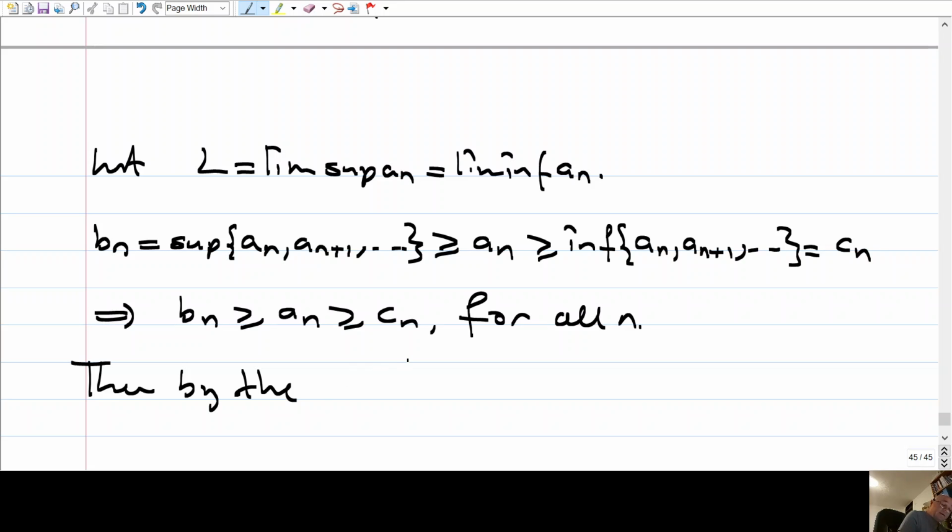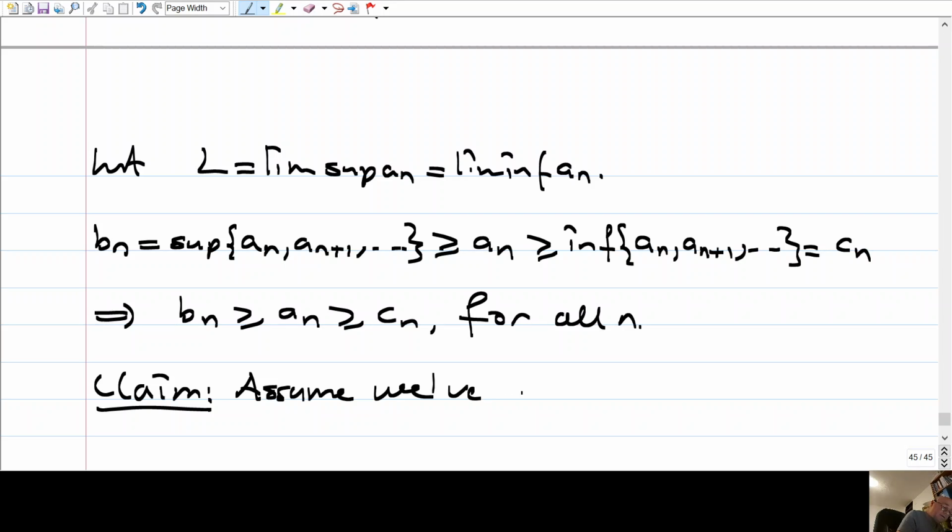Maybe I should just prove this because I guess we haven't proved this result. You have seen this maybe in the first year calculus course, but we haven't proved it. So, claim: let me prove this as a separate result.